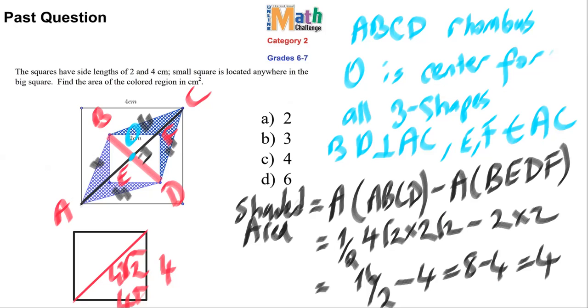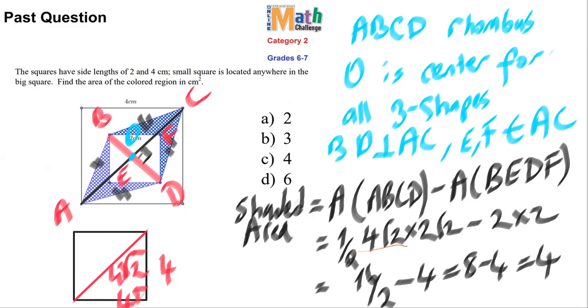After that, this is very easy because the area of a rhombus is half of the product of the diagonals. AC times BD divided by 2 is the area of the rhombus, meaning the whole shape, minus the area of the little square, will give us the shaded part. The area of the little square is easy, just 2 times 2.